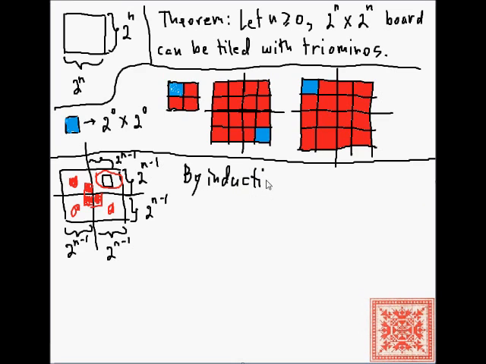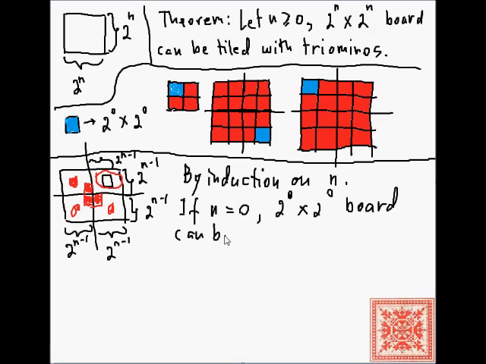So this is the inductive hypothesis. We're going to prove by induction. The base case has been shown: when n is 0, a 2 to the 0 by 2 to the 0 board can be tiled.